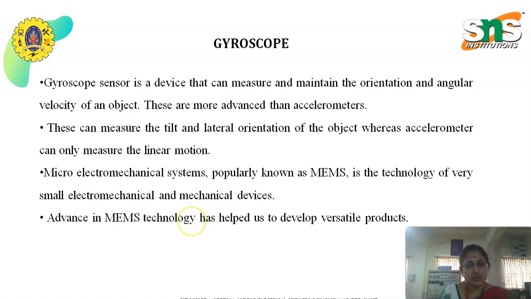Gyroscopes are mainly used in MEMS, micro electromechanical systems, a technology of very small electromechanical and mechanical devices. Advanced MEMS technology helps us develop versatile products.